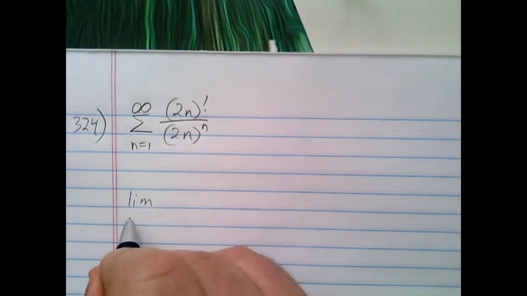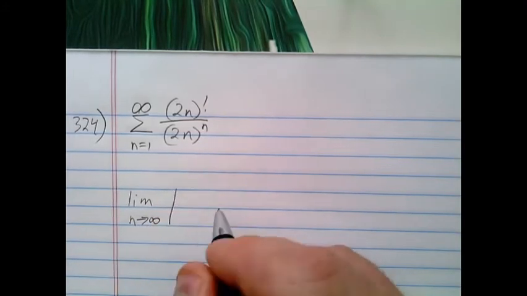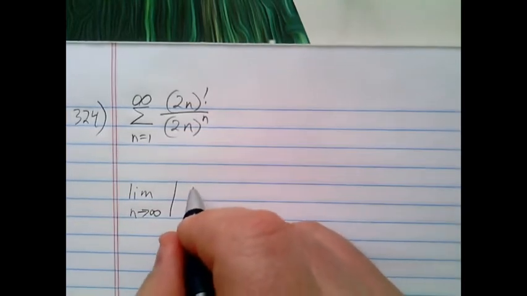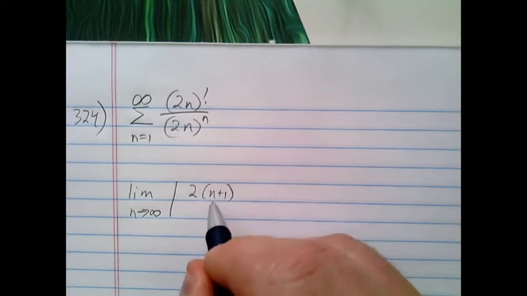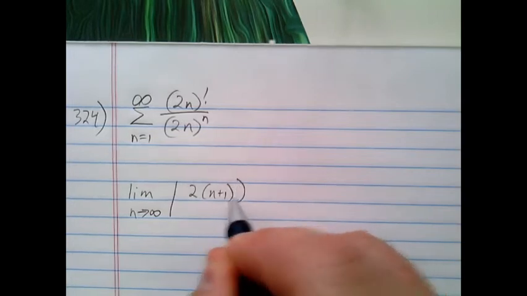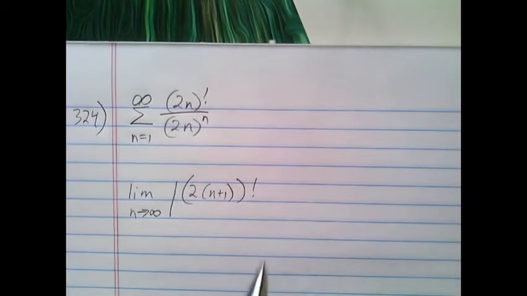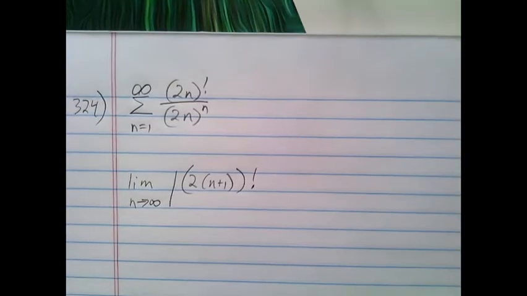Alright, so let's take the limit as n goes to infinity of the absolute value of our n plus 1 term. So when I stick this plus 1 on the n, it has to affect the n before anything else, even the 2. So 2 times (n plus 1), and then all of that is factorialed. And yes, I just made up a verb, but you know what I meant.